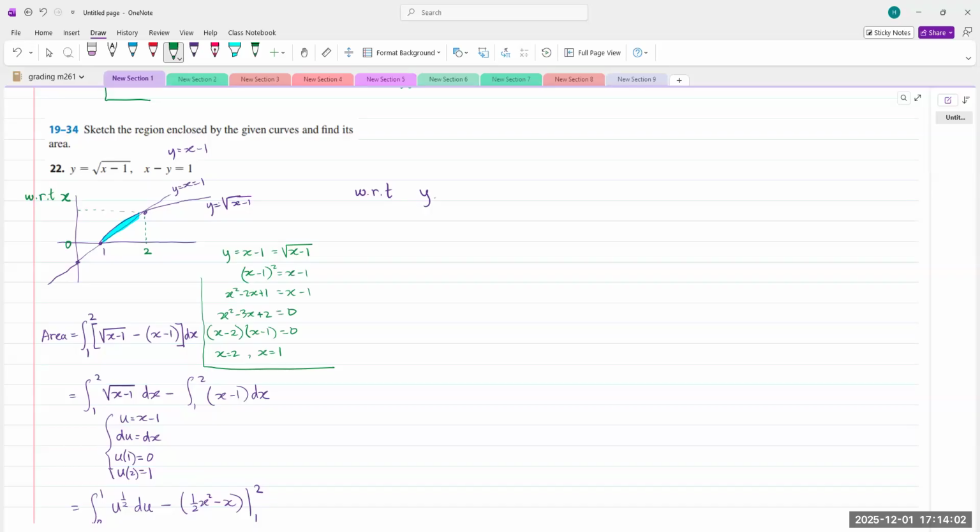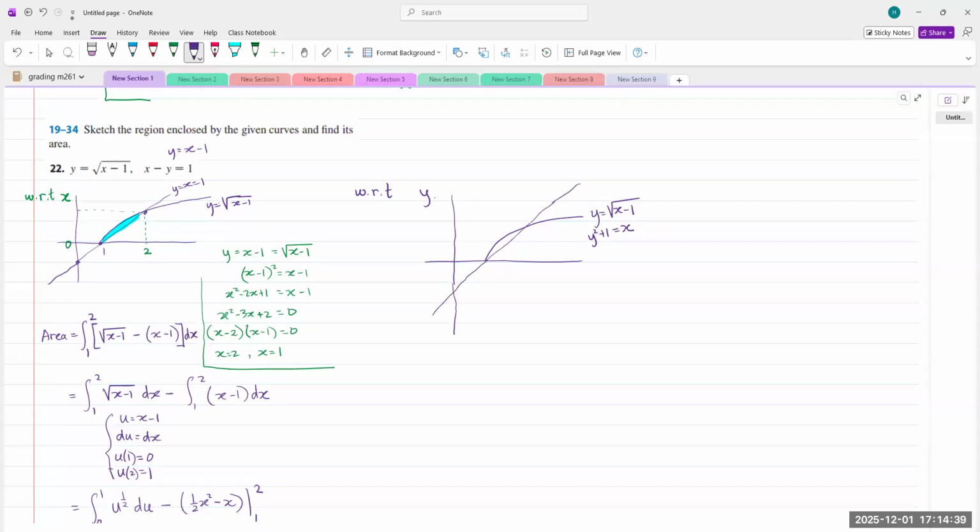Okay, let me redraw it. So this is y equals square root of x minus 1, which, if I solve for x, is y squared plus 1 equals x. Then the second equation, the line, looks like this, right?